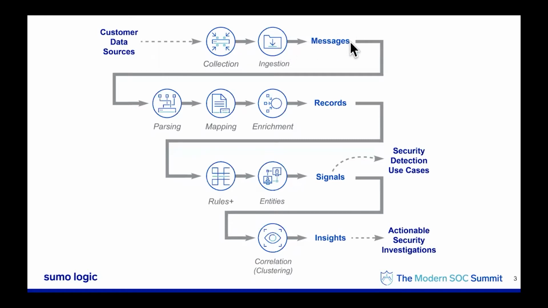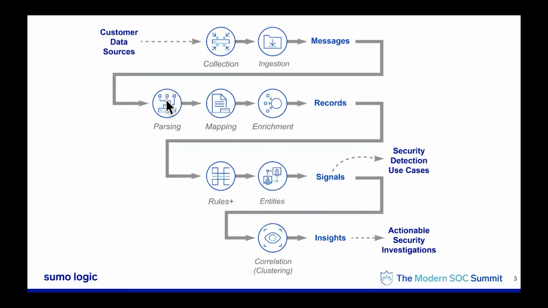Once we receive the messages, the Cloud SIEM environment is going to parse those messages out and grab certain fields. When we set up the Cloud SIEM environment, we tell it what kind of information we're getting, how to parse that information, and how to map it.